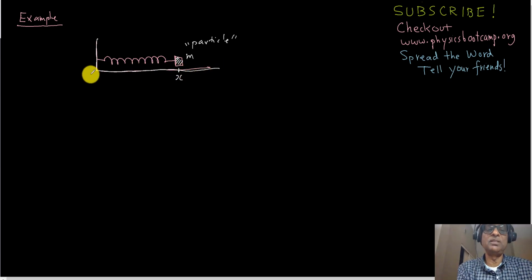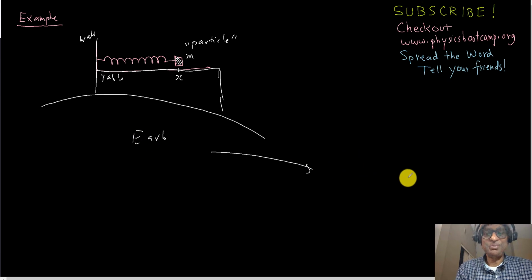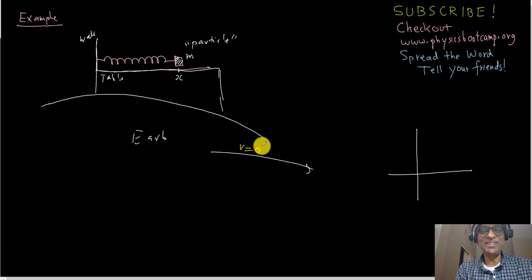This is attached to some wall, and this is some table, and of course this table is on earth, which is moving in space with respect to the fixed frame, and we are going to say that this guy's v is equal to 0 with respect to this guy.